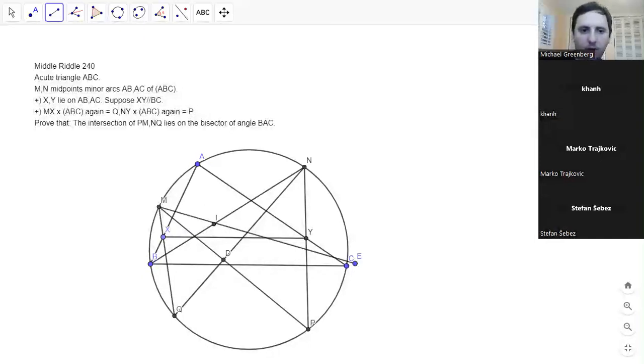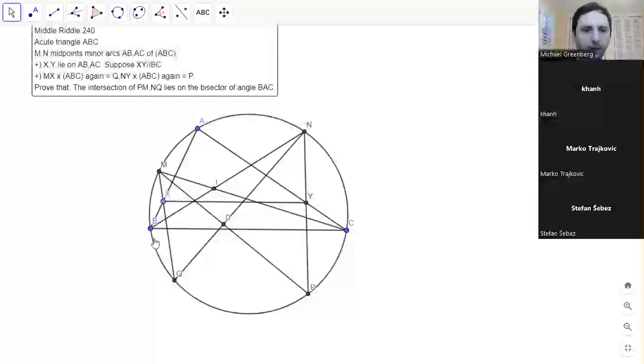So MBQ and NCP, what happens if we use Pascal's theorem there? We have I, D, and then we would want BQ and CP. We'd want to see where they intersect, right?